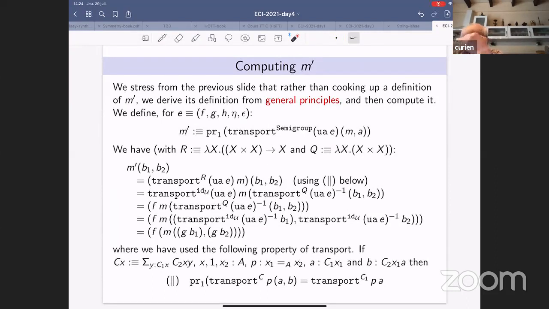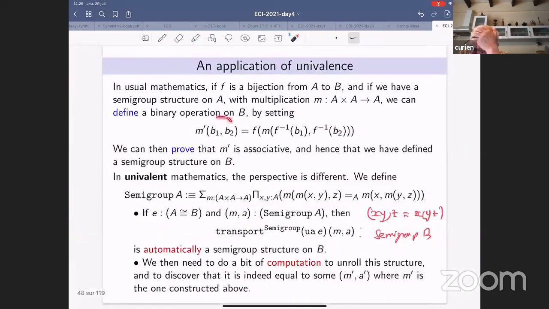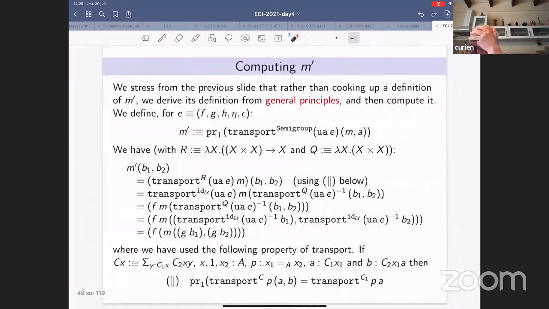So let me do this slowly enough. What we want to show is that the multiplication which I get on B from the general principles of univalence is defined as here. So let me start from the beginning.